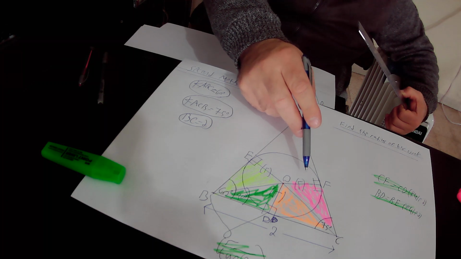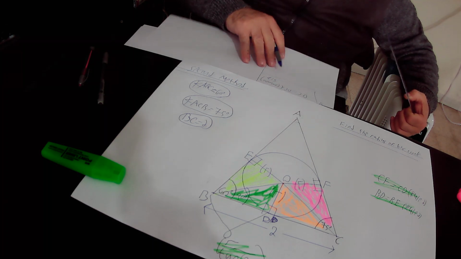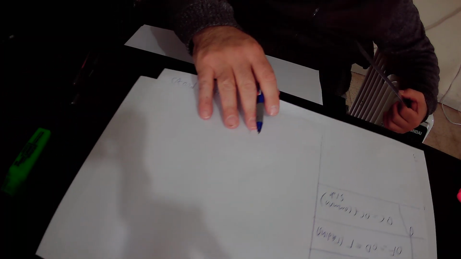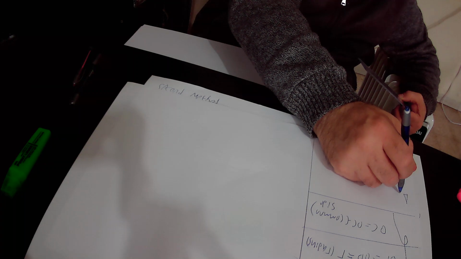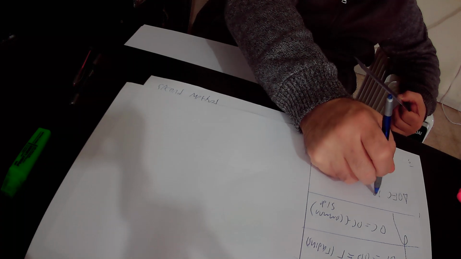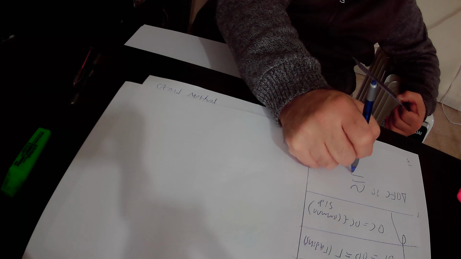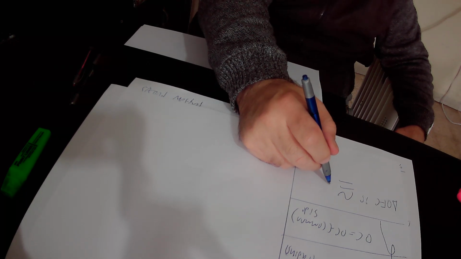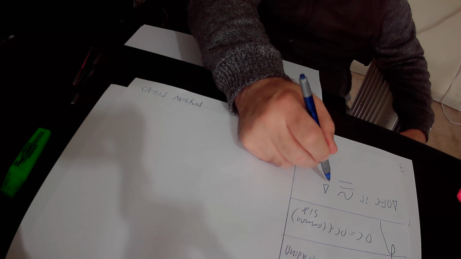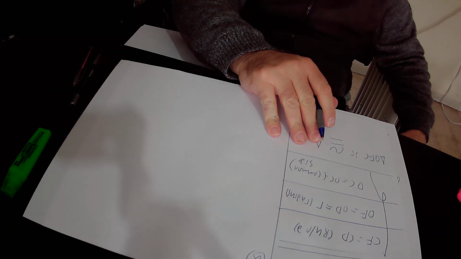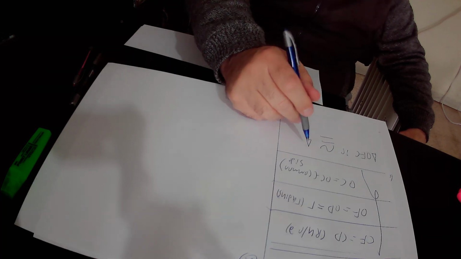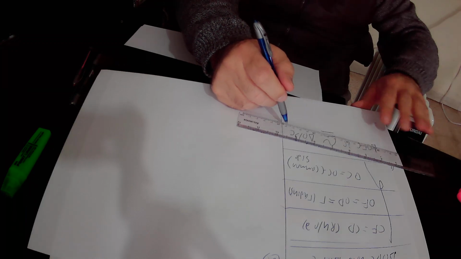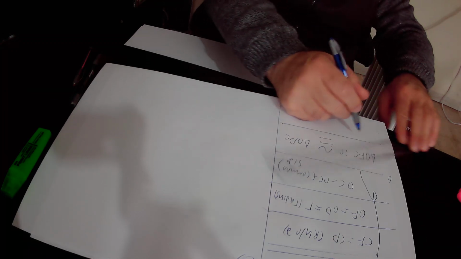Therefore, we proved that the pink triangle OFC is congruent, again, this is the sign of congruent, to the orange triangle ODC, according to the side rule.